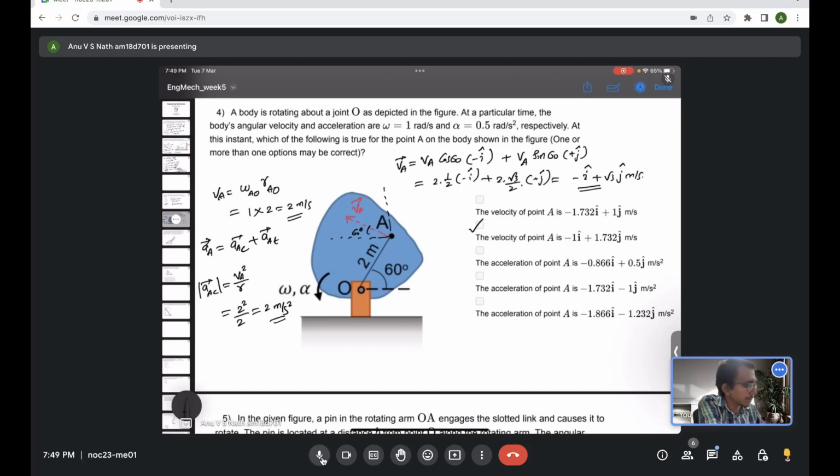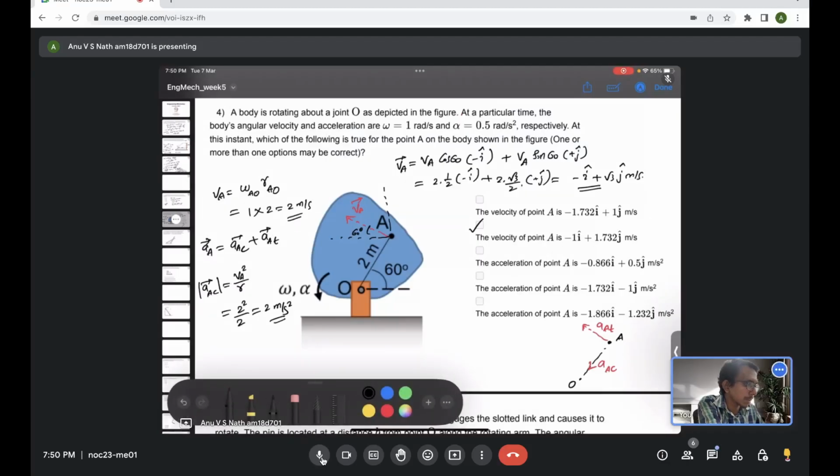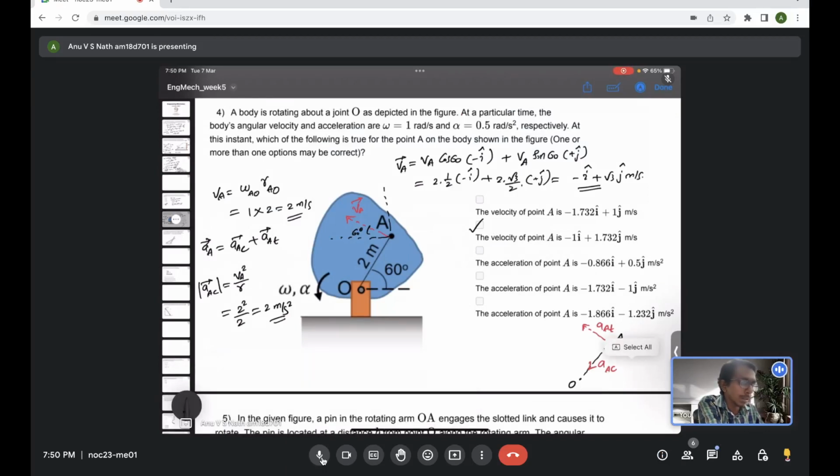If you see point A here and this point O, the centrifugal acceleration should act towards the center of rotation, and the tangential acceleration should act tangentially in this direction. As alpha is given to be counterclockwise, the angular acceleration is also along the direction of the velocity v.